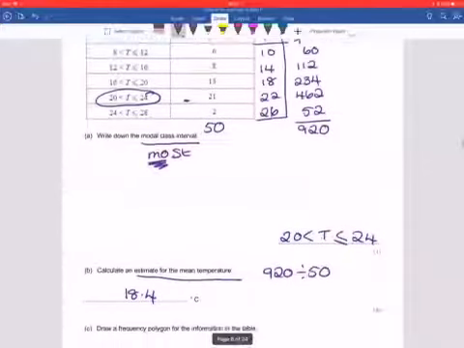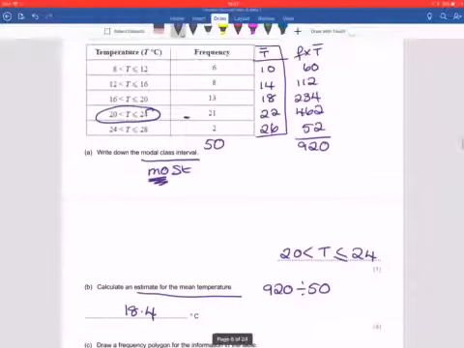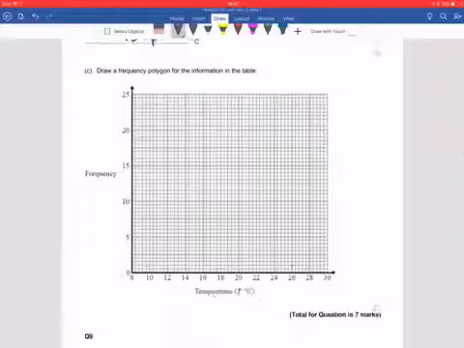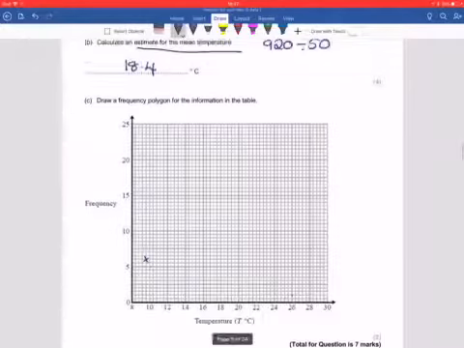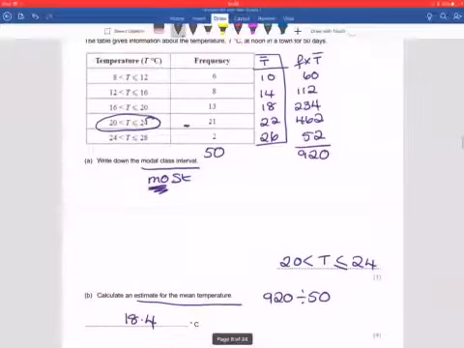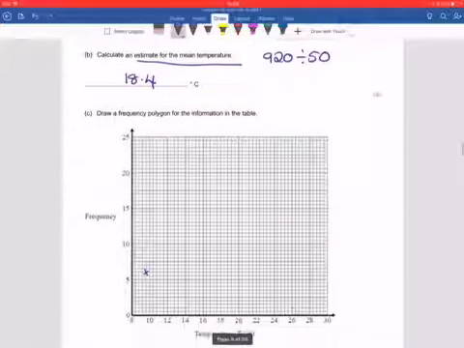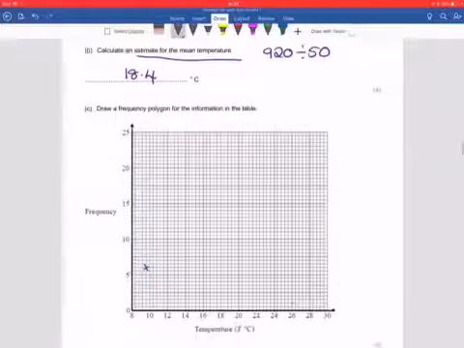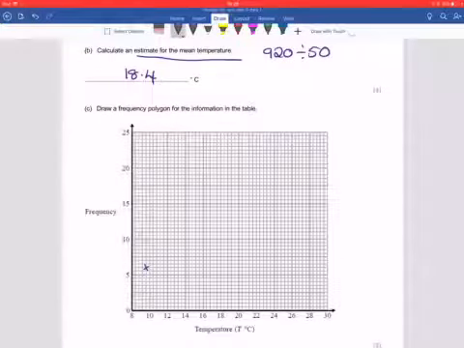So I have got 6 and 10, 8 and 14. I'm worried I'm going to lose it again. Hang on, am I going the wrong way round? Temperature of 10 has got a frequency of 6. Yeah, that's right. Temperature of 14 has a frequency of 8. Be really careful because they're very similar figures.